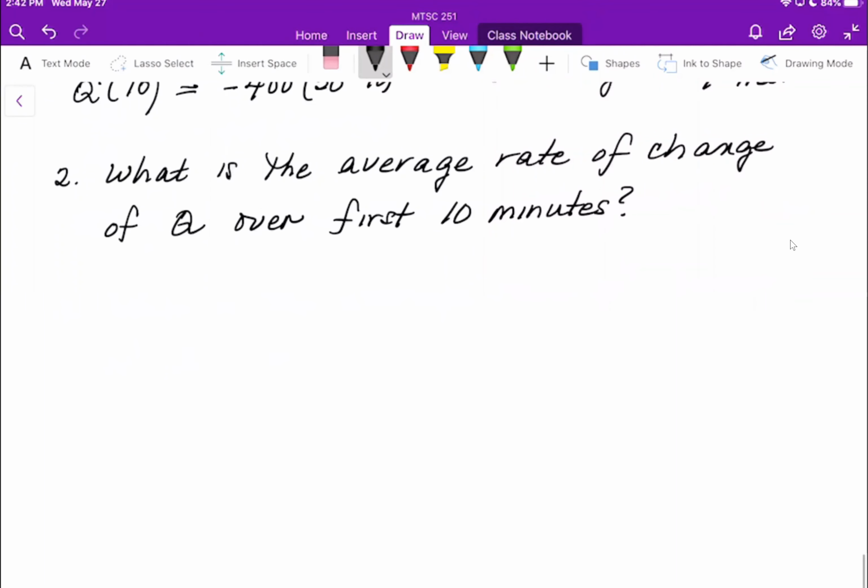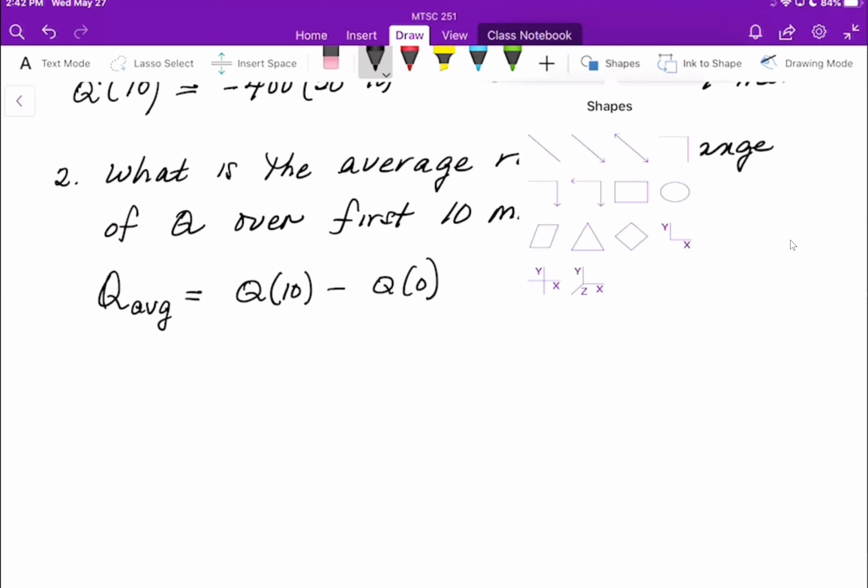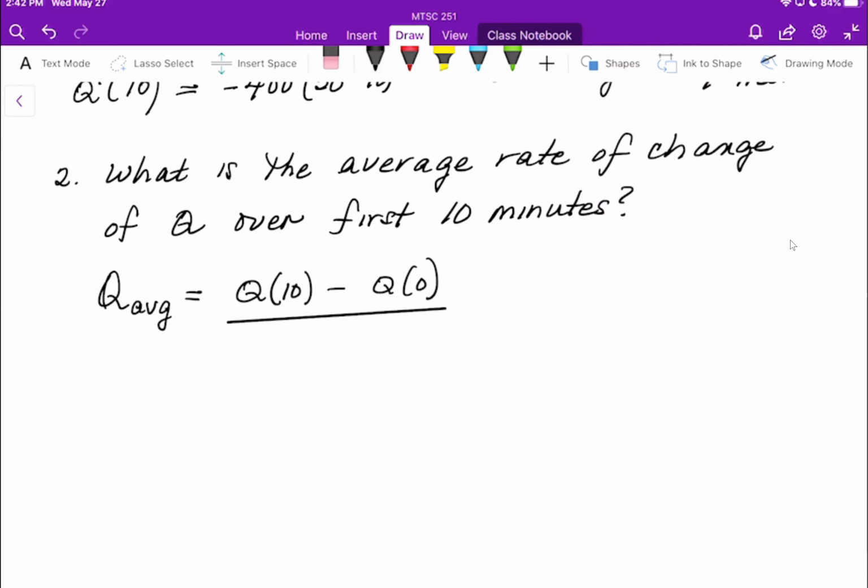Okay, so Q average is going to be Q at 10 minus Q at 0, divided by 10 minus 0.